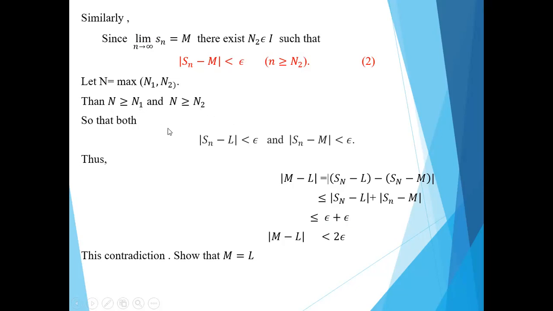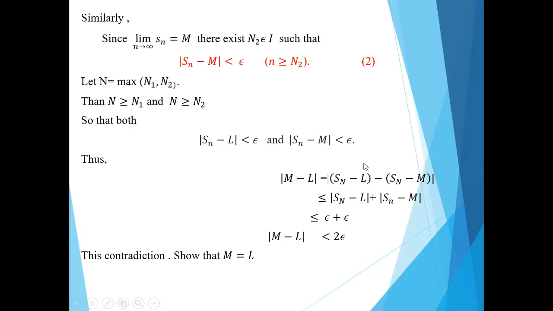So both conditions hold: the modulus of Sn minus L is less than epsilon, and the modulus of Sn minus m is less than epsilon. Thus we have to prove that the modulus of m minus L equals the modulus of Sn minus L minus Sn minus m.